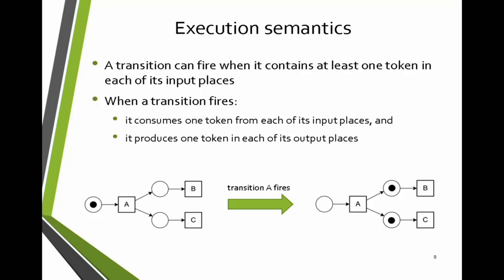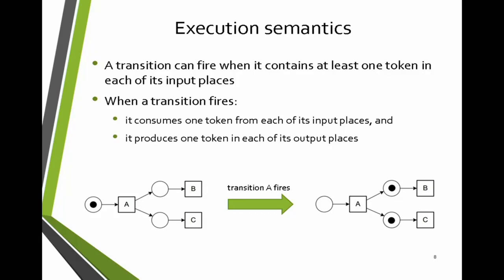So, coming to the bottom part of the slide, we have transition A having one input place, so one place for which the arc goes into A. This is called the only input place of A. It contains a token, which states that transition A can fire. As soon as we have a token in all the input places, A can be executed.